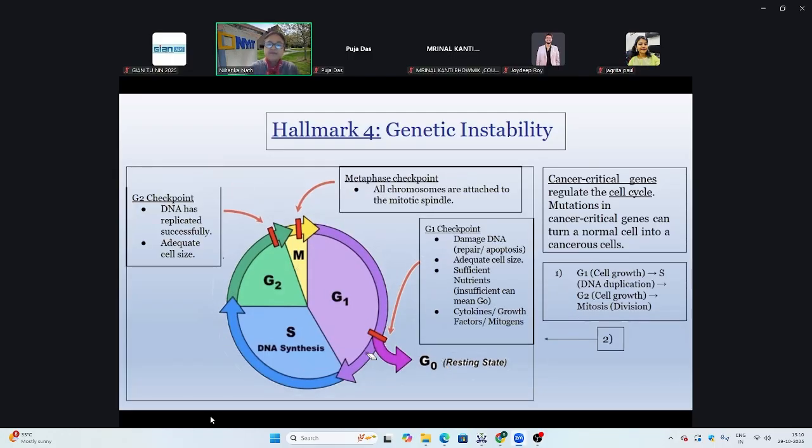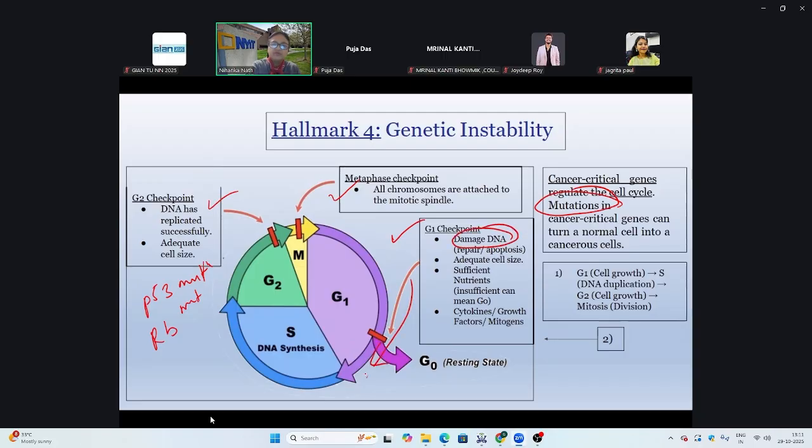So this explains the same thing in the same manner. But the bottom line is that if there's any instability or a mutation, these checkpoints are ignored. If there is a P53 mutation and if there's an RB mutation, then the cell, whether it's good or bad, whether there is DNA damage, doesn't care.